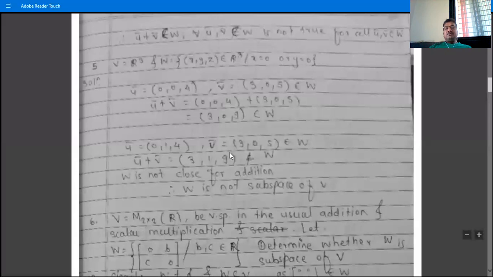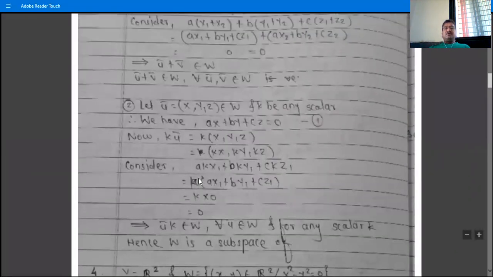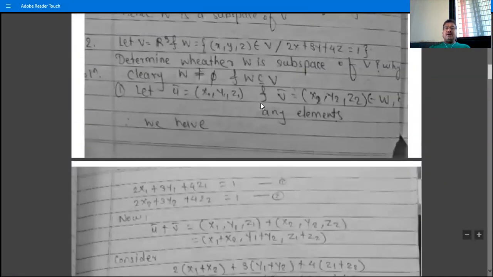So we have to take two elements from W such that their addition does not belong to W, and therefore the first condition fails. Or we have to give a counterexample for condition number 2, that is, some element of W and some scalar k such that their multiplication does not belong to W. For example, consider the plane 2x plus 3y plus 4z is equal to 1.